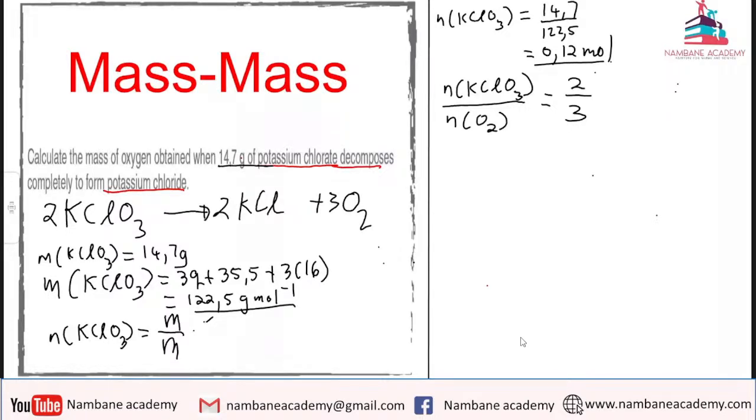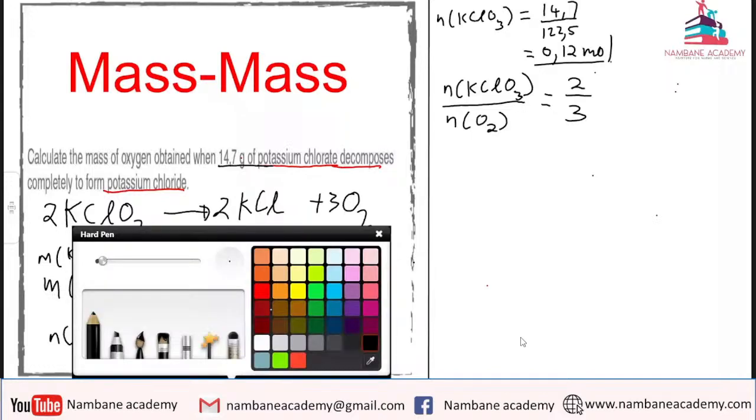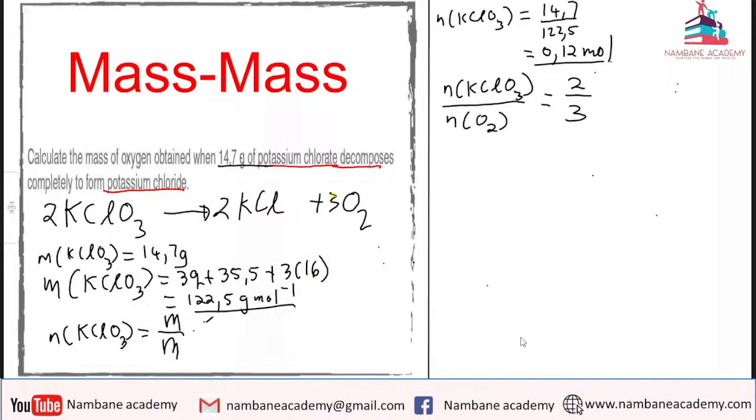Sorry for that, guys. Now it basically says this 2 and 3 basically comes from the balanced chemical equation. And that is what we call the molar ratio. But why do we need the molar ratio?